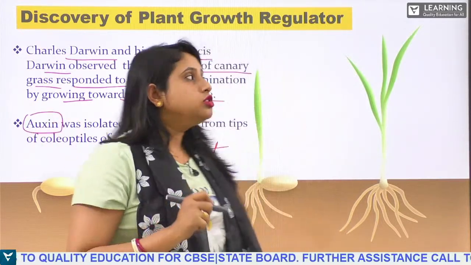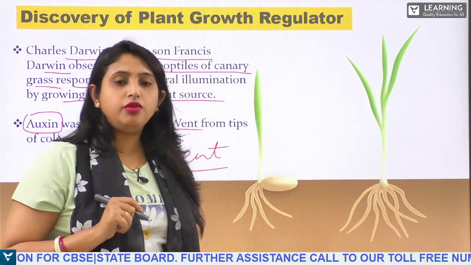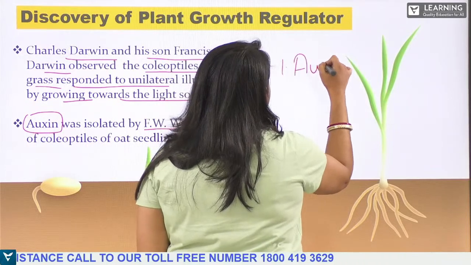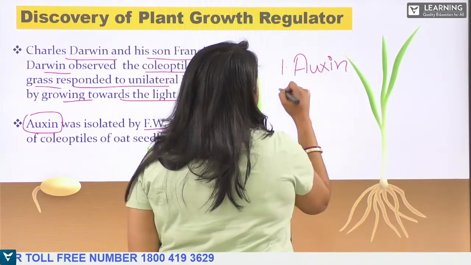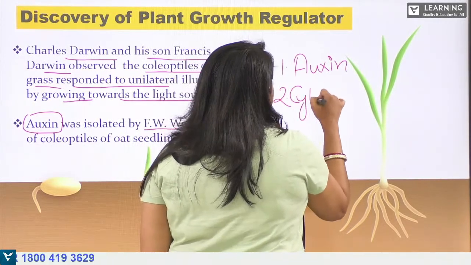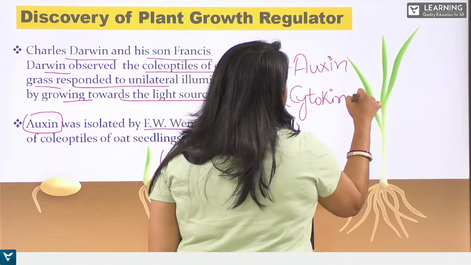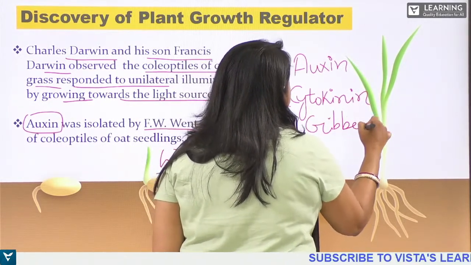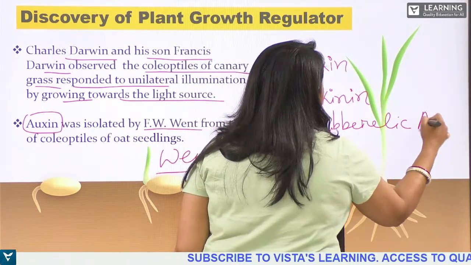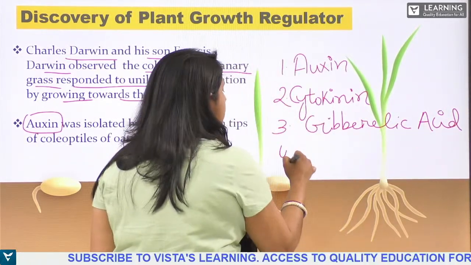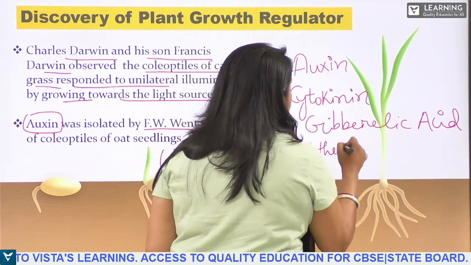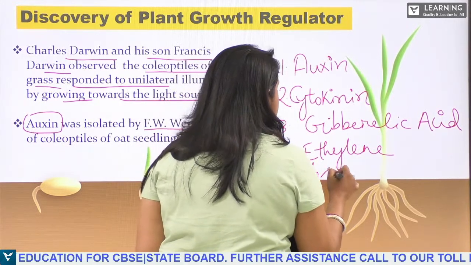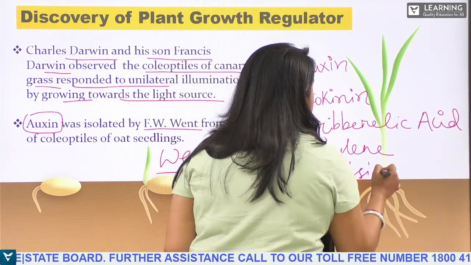So what are the various hormones you are going to study? We are going to study five basic hormones: auxin, cytokinin, gibberellic acid, ethylene, and abscisic acid.